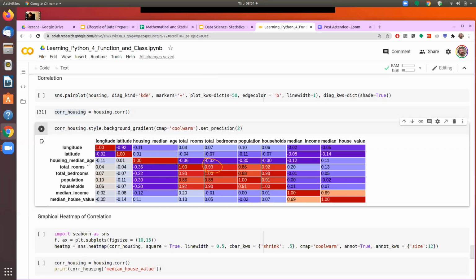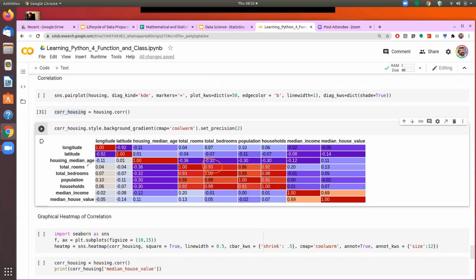Now the significance of that in data analytics is like this. If I have two different data elements which are very highly correlated, then as a data scientist, I ask the question, do I really need both of them? Because if I have just one of them, I know what the other value would be, because there is very high correlation.